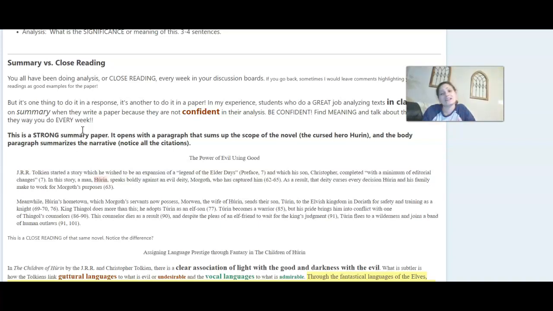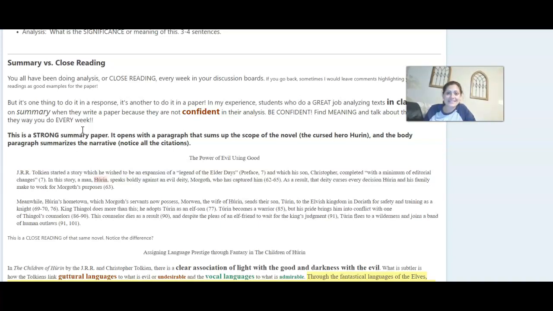It's another thing, in my experience, to do it in a paper. Because a lot of students who are great at close reading are not confident in that skill. And so when they get to the paper, they want to go back to summary rather than letting that analysis, that close reading, out the way they do in their discussion boards.